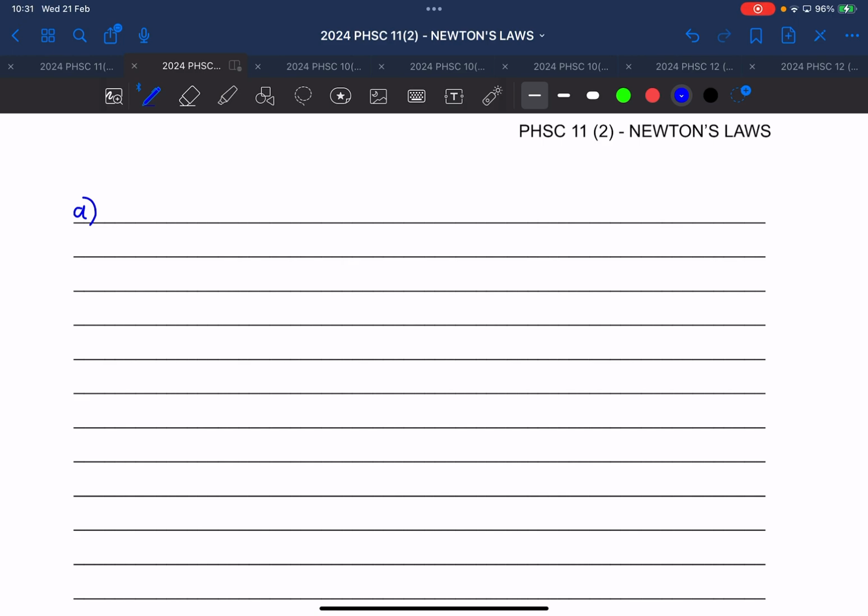Please give me forces on the 1 kilogram block. Yes, and what else? No, opposite direction is there.